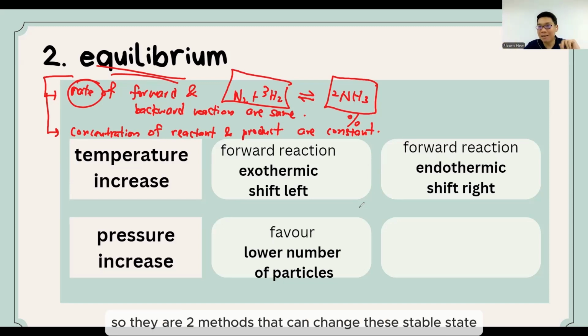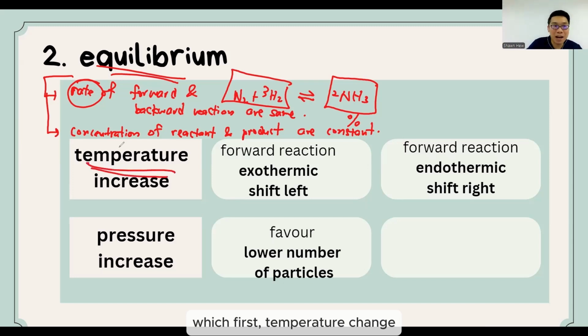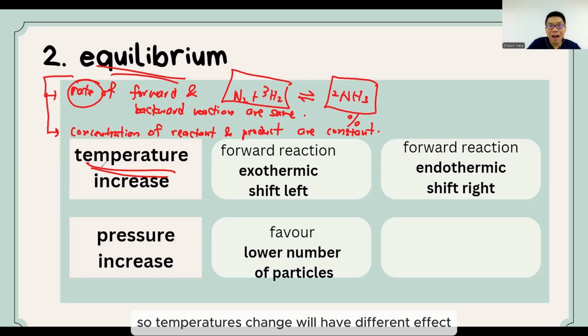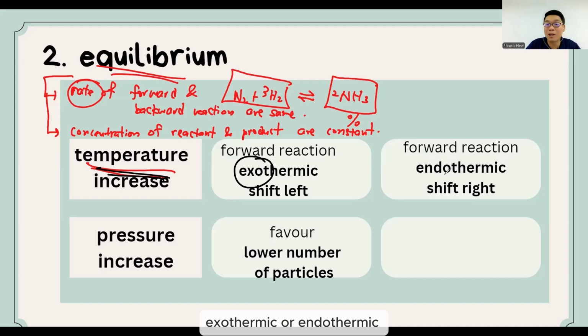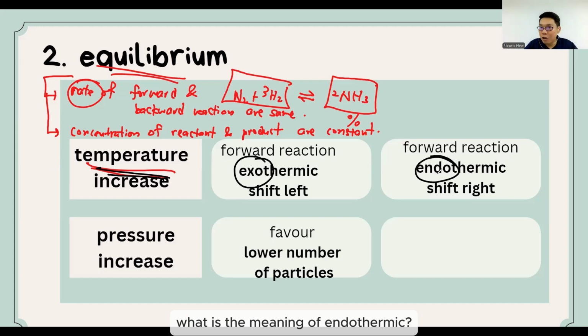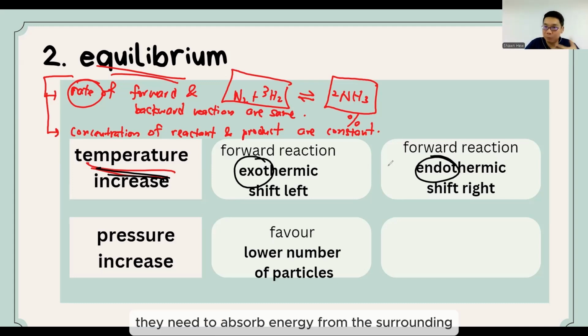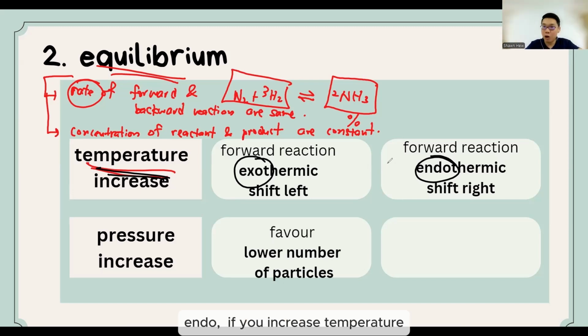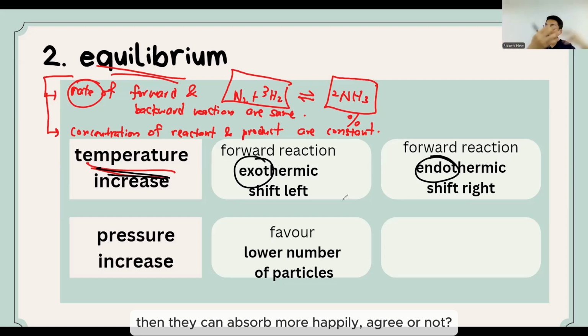So there are 2 methods that can change this stable state, first, temperature change. Temperature change will have different effects, depending on whether your forward reaction is exothermic or endothermic. What is the meaning of endothermic? Endothermic means they need to absorb energy from the surrounding. Endo. If you increase temperature, then they can absorb more happily, agree or not?